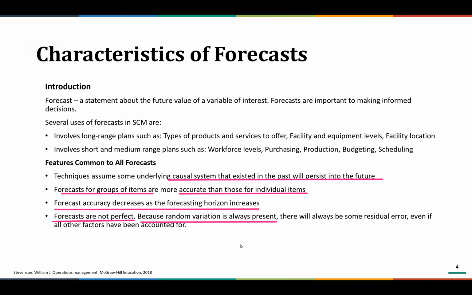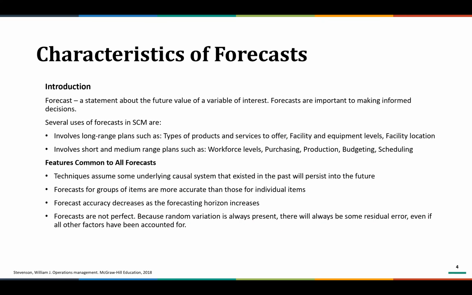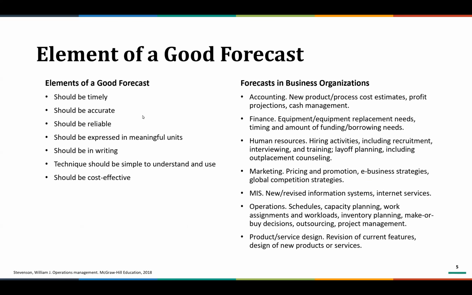Some random variation means that there's always some residual of error, even when all the factors have already been accounted for.